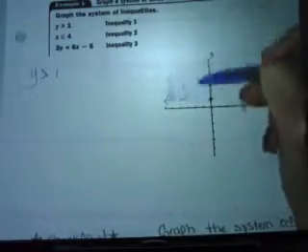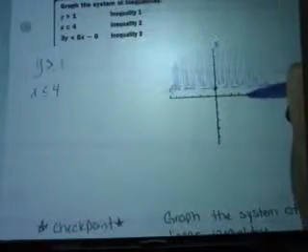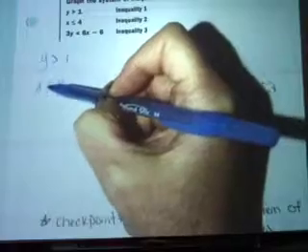I'm going to shade above. Second inequality, I have x is less than or equal to 4. I'm going to go to the x-axis at positive 4 and put a point. That is going to be a solid line because it has the equal to under it.